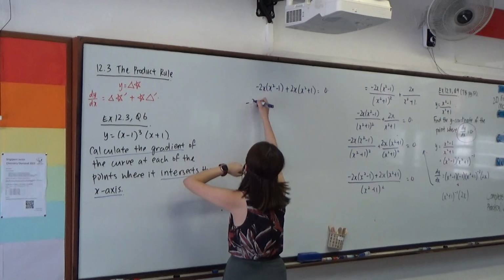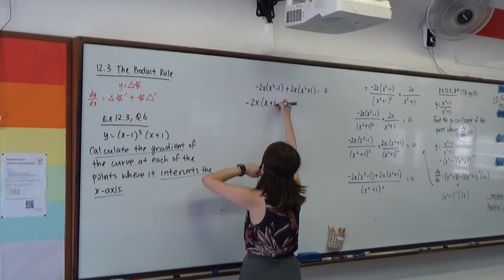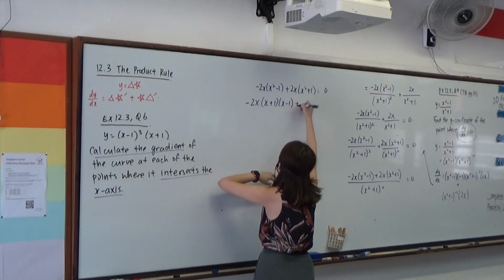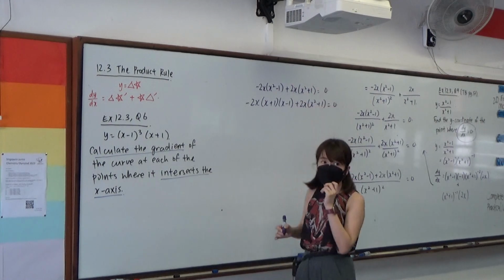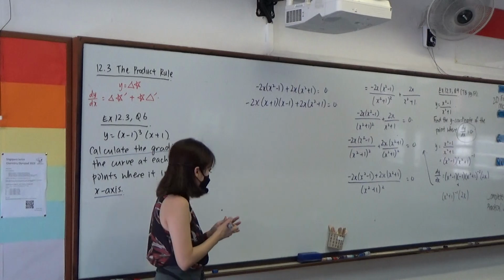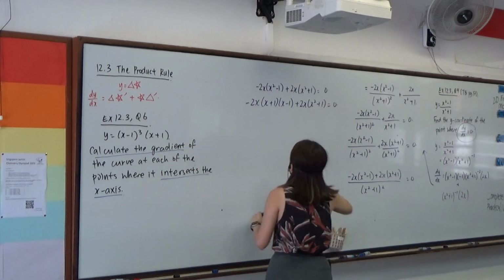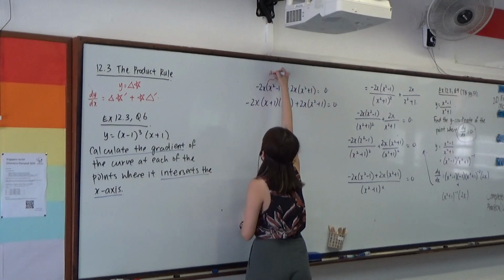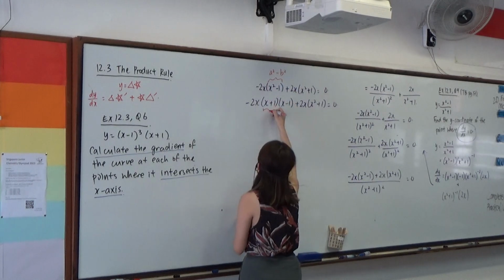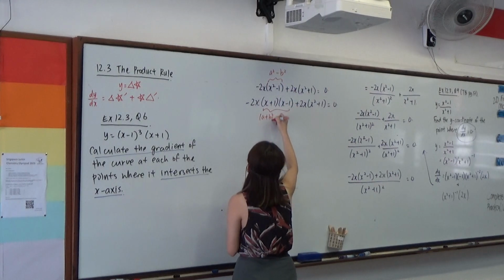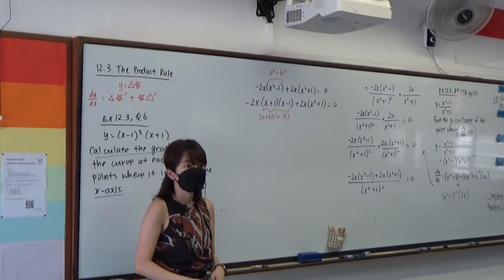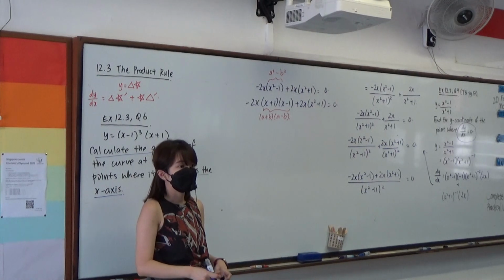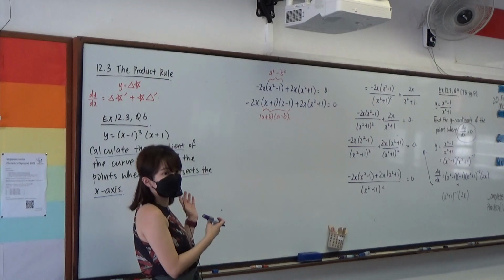So you want to write it like that. This is your a squared minus b squared, (a plus b)(a minus b). Is that what you would like to do?